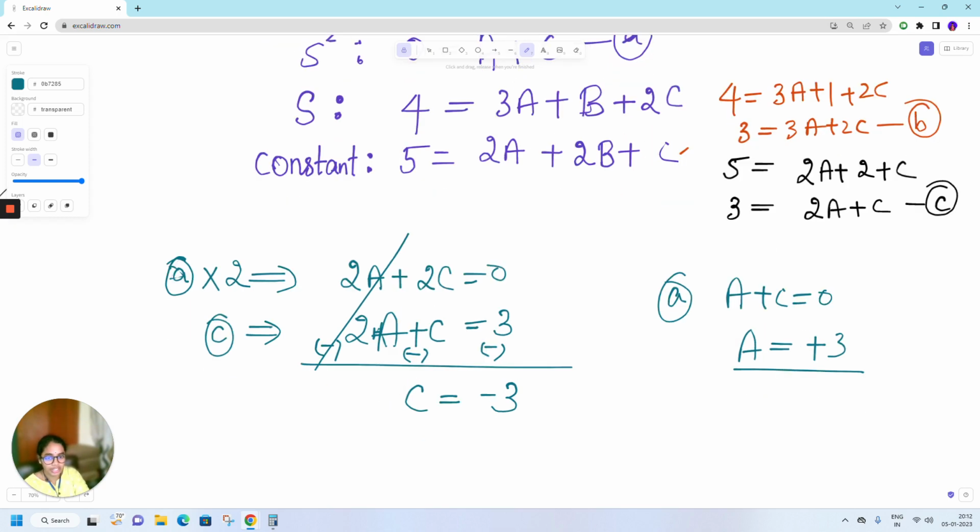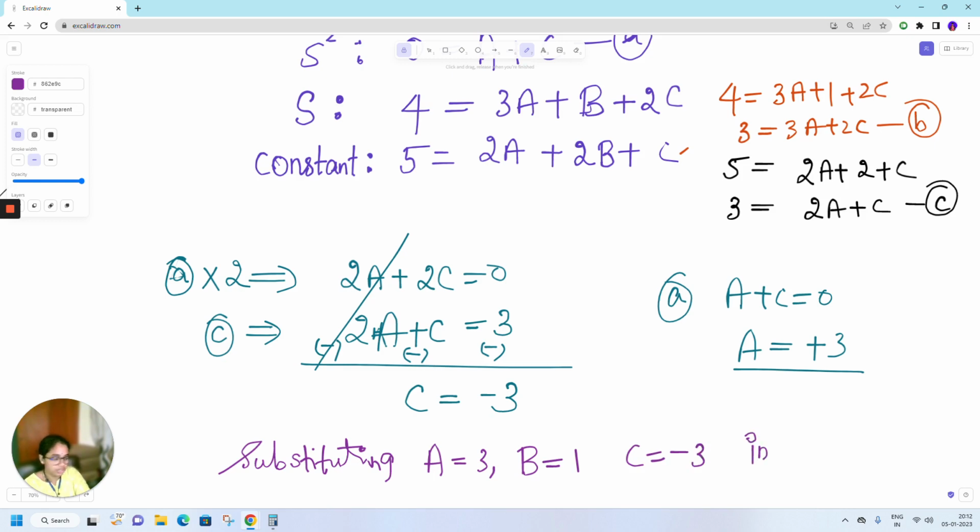So we have our a, b, c values. What will I do next? I'll substitute: the a value is 3, the b value is 1, the c value is minus 3.